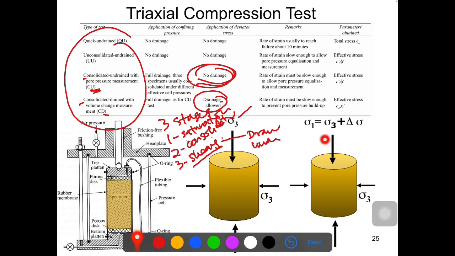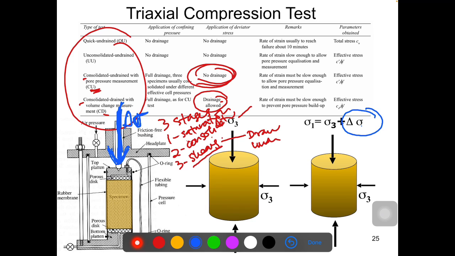Now this one is sigma 1. How do you get that sigma 1? This sigma 1 actually comes from the load that you apply here. When you apply the load, you increase the load, so there is an additional load, which is additional stress.